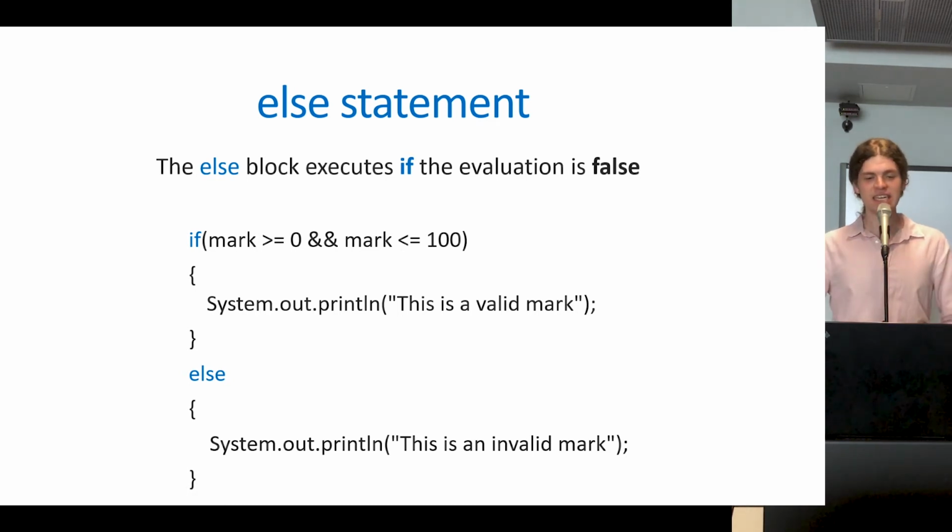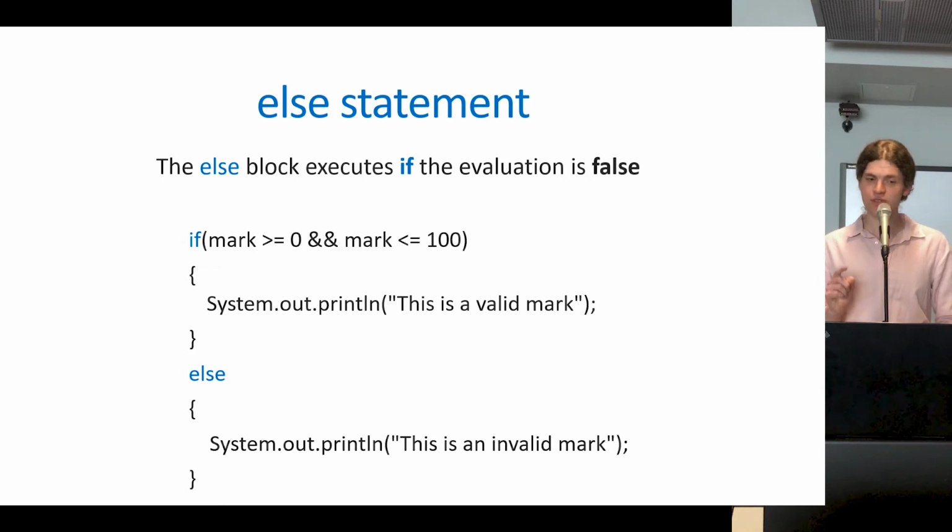So basically, we're defining another block of code to run if the evaluation of the if statement was false. So basically, if mark fits between 0 and 100, execute this block of code, which just outputs it's a valid mark. But if that's not true, then print out instead that this is an invalid mark.